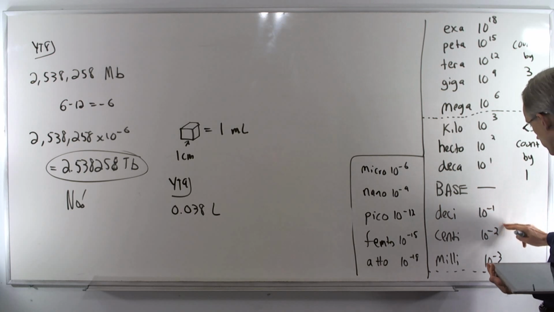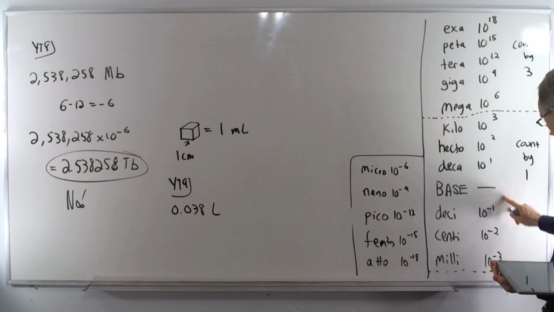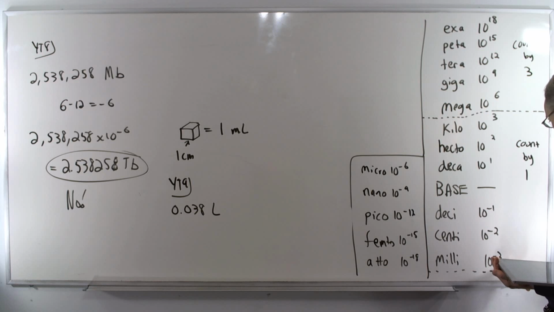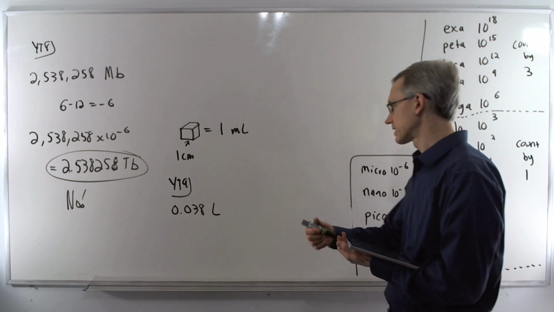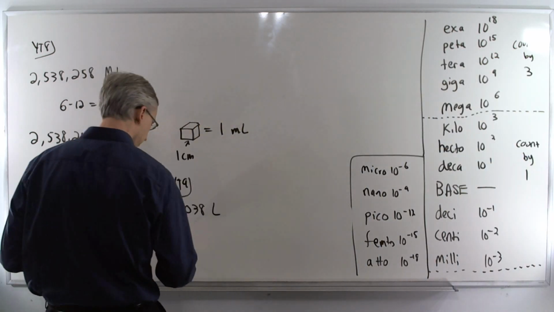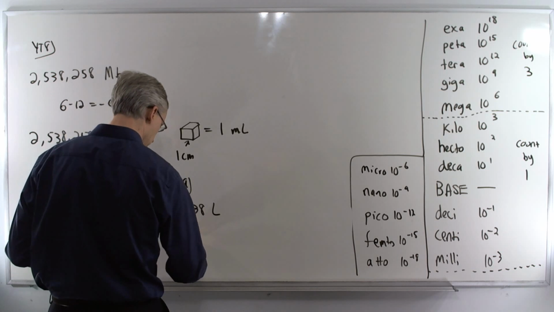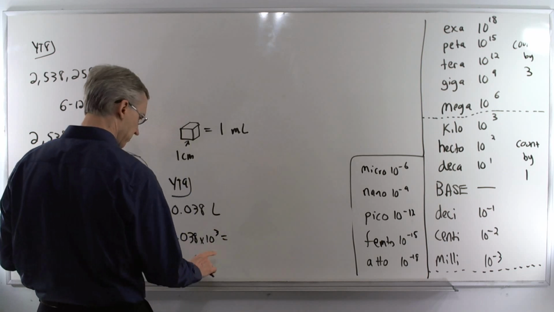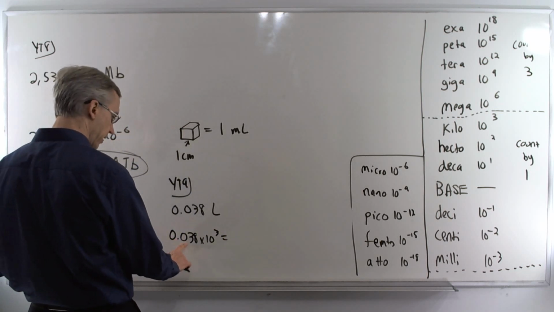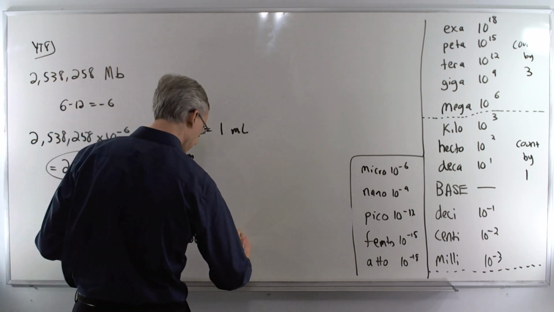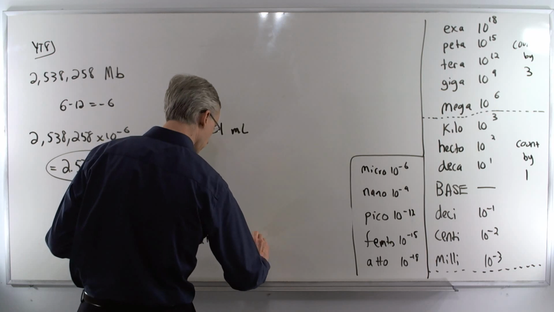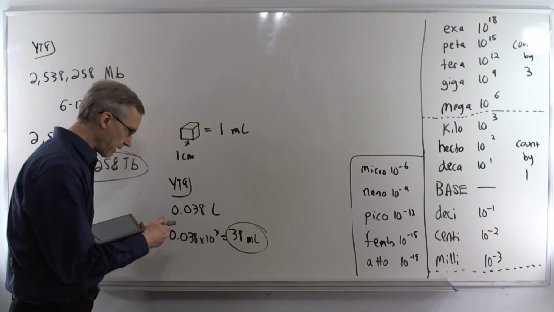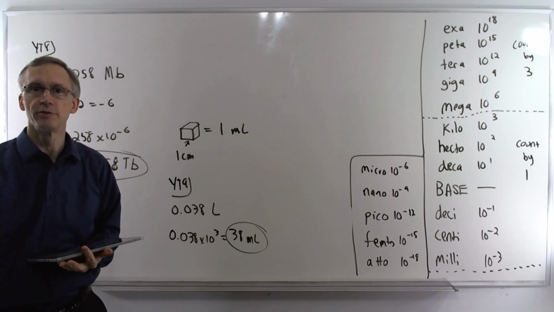So we're going to go 1, 2, 3 down. These are all single steps. And we're going down, so that is a positive exponent. So we're going to multiply this by 10 to the third power. All right, multiply by 10 to the third moves the decimal 3 to the right. 1, 2, 3 gives us 30 milliliters. So 30 milliliters of that medication should be administered.